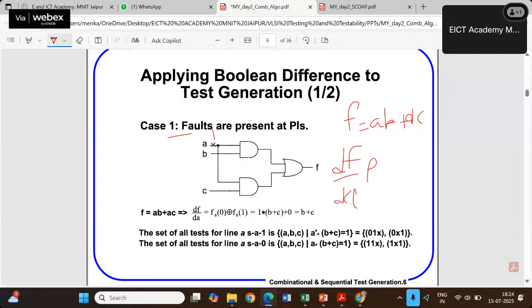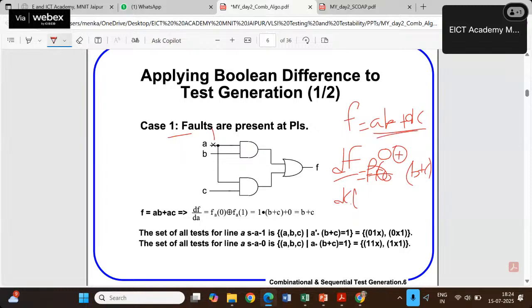Making A equal to 0 makes F complete 0. So I'm going to make it 0, XOR with F at A equal to 1. A equal to 1 in this equation gives us B plus C.